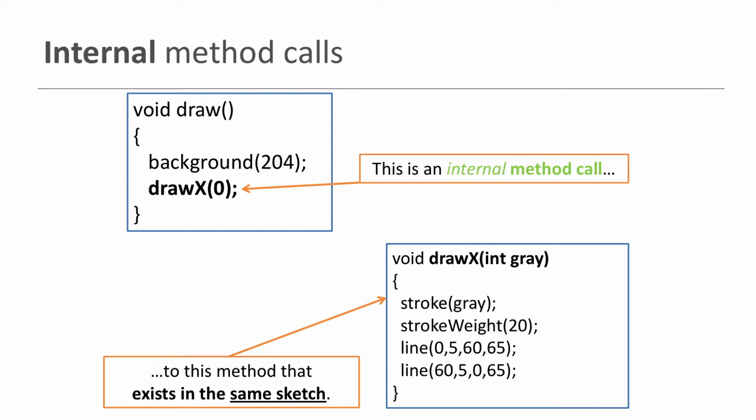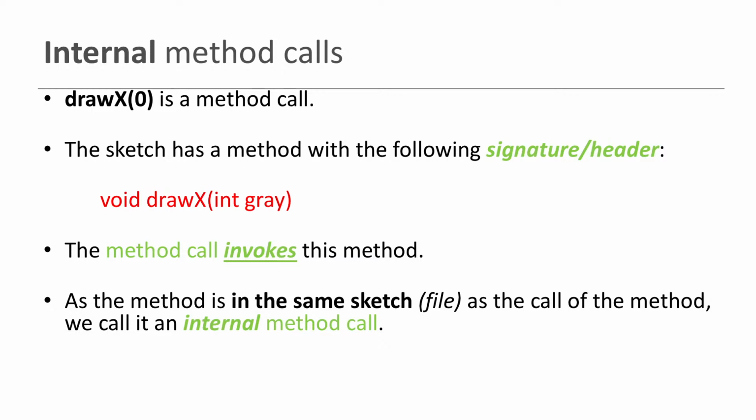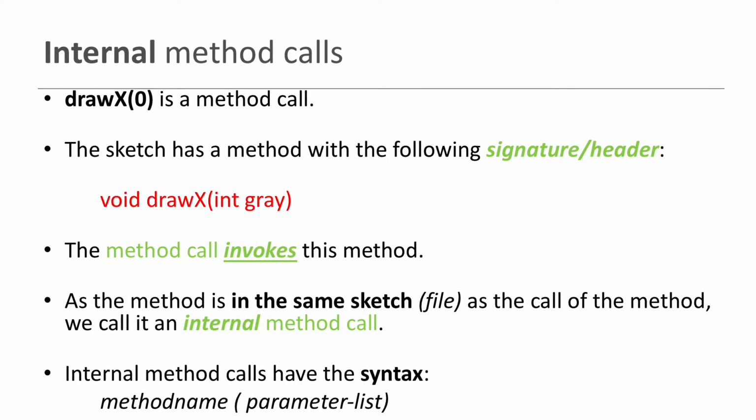We can call or invoke drawX. DrawX is a method call. Sketch has a method with the following signature. The method call invokes this method. And as the method is in the same sketch as the call, this is called an internal method.